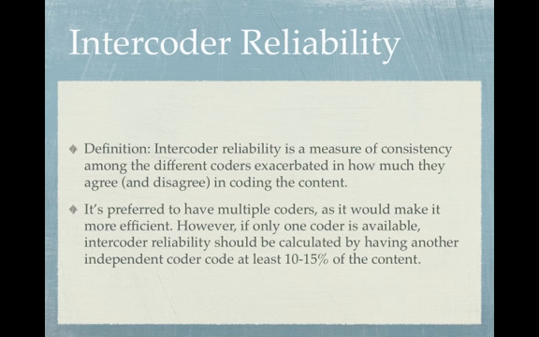Before they code them independently, a random sample of your sample, about 10 to 15%, so about 100 stories or a considerable number, will be the same. This random sample of your sample will be coded by all of the coders, and this is how you calculate intercoder reliability.